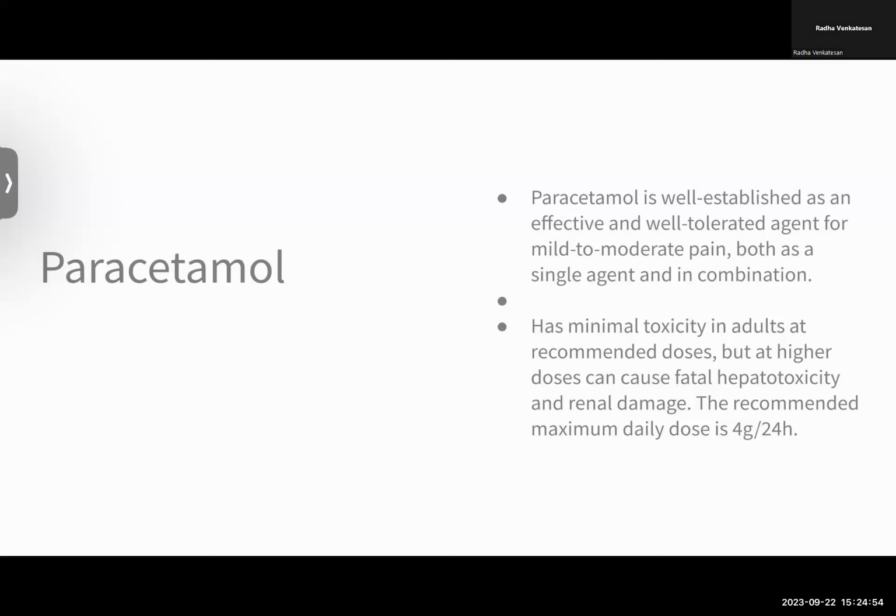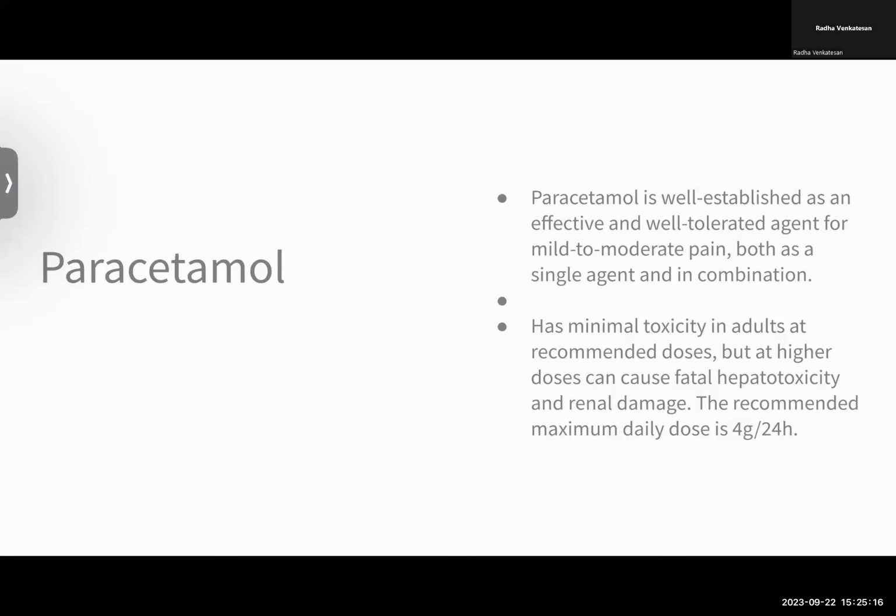Generally, it has very minimal toxicity in adults at the normal recommended doses. But at higher doses it can cause fatal hepatotoxicity and renal damage. So you should be very clear about the normal recommended maximum dose, which is 4 grams in 24 hours.